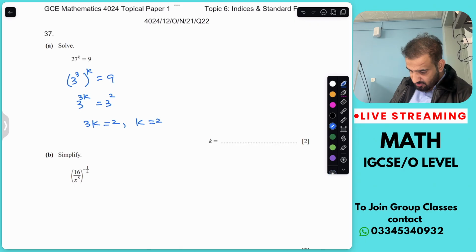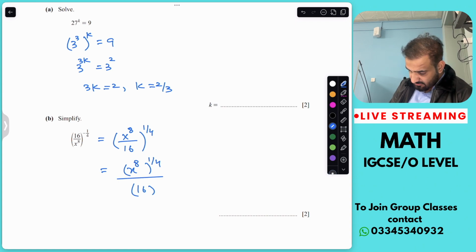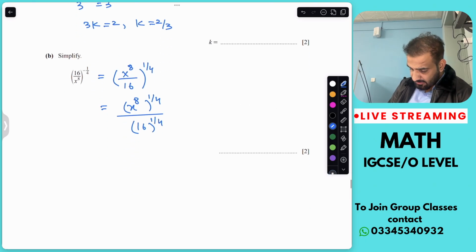K is 2 over 3. Simplify that means turn this fraction upside down and make power positive. So x raised to power 8 whole power 1 over 4. 16 raised to power 1 over 4. 8 over 4 means 2. 16 raised to power 1 over 4 means 2.